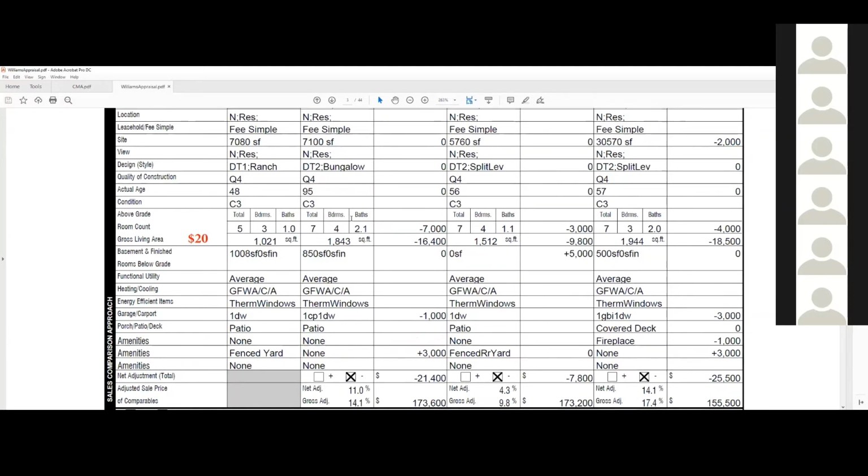So now let's analyze these here. The property has 5 total rooms, it's a rancher, 3 bedrooms, and 1 full bath. The comp has 7 rooms, now 4 bedrooms. Now, one of the 7 rooms is actually 1 extra bedroom. So you don't really give 2 extra room credit here.